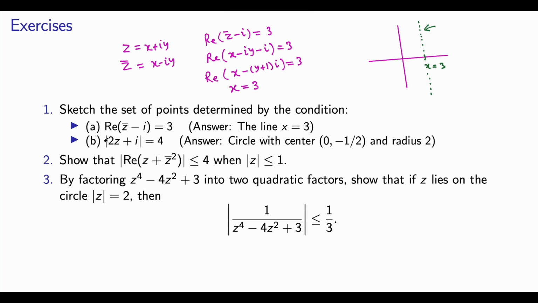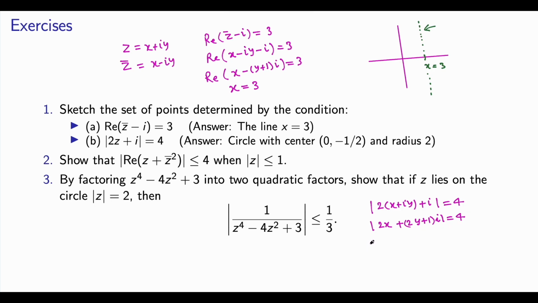So next part, modulus of 2z plus i equal to 4. You can easily solve this one. First we have to calculate, z means x plus iy, so 2x plus 2y plus 1 times iota is equal to 4.